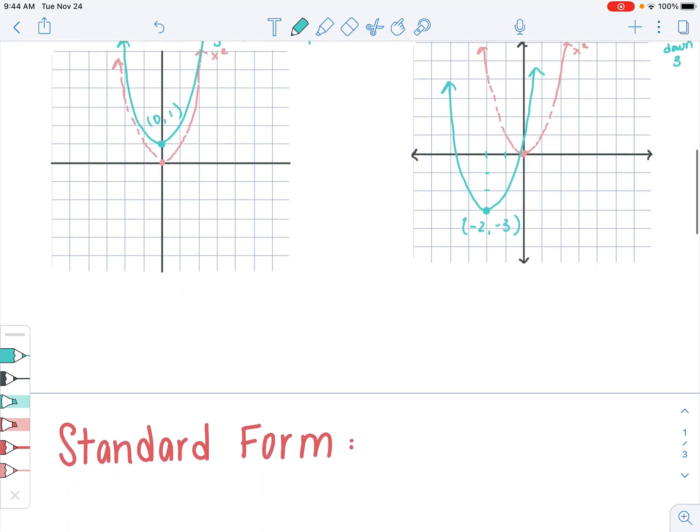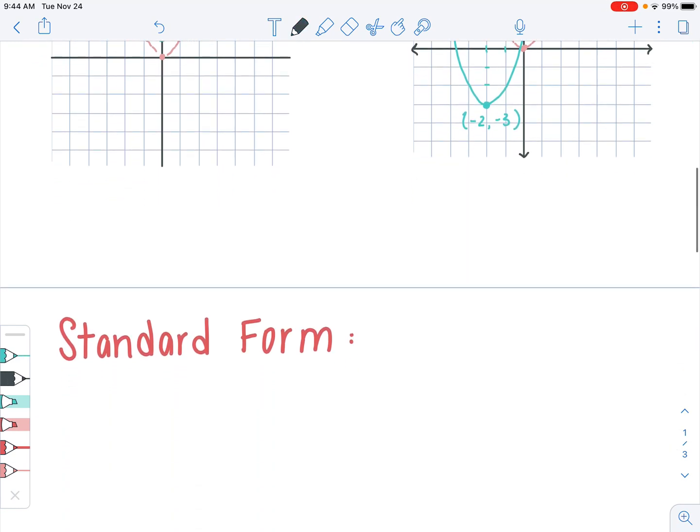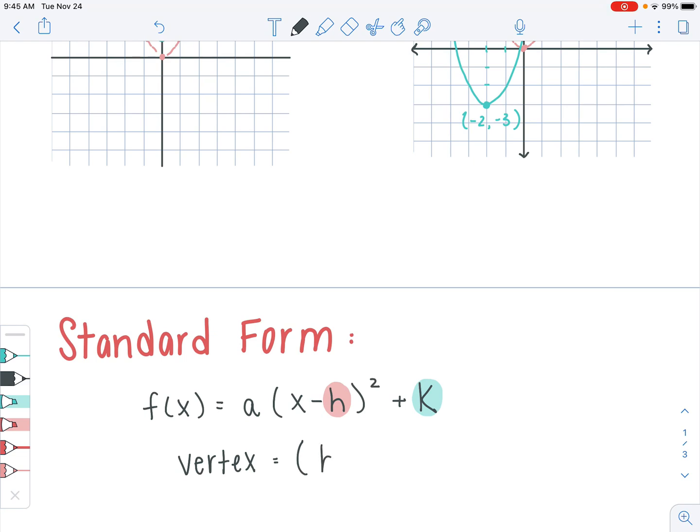When we talk about the standard form equation, I have f of x equals a times x minus h squared plus k, where h and k are telling me my vertex. My actual vertex of my equation is going to be h comma k.